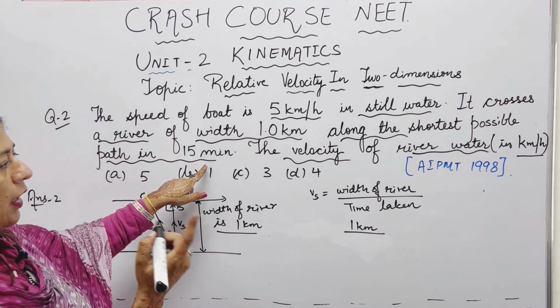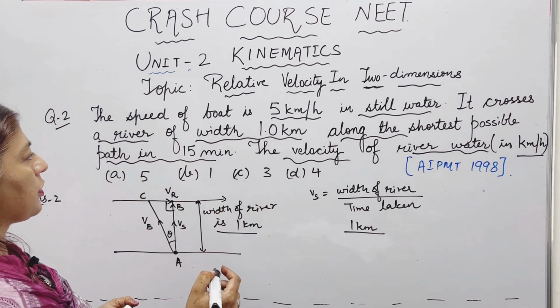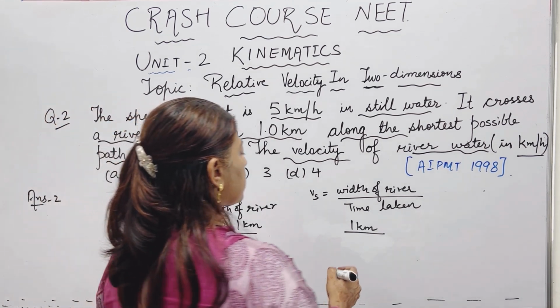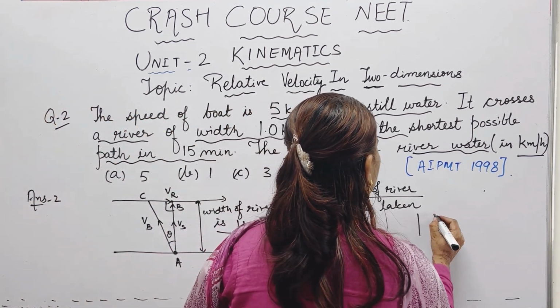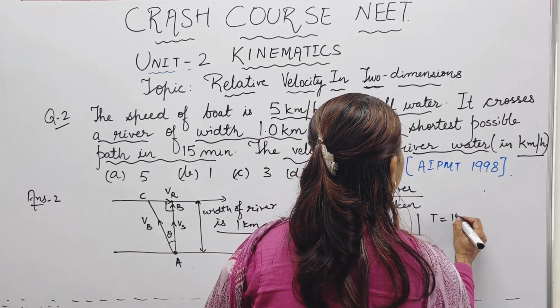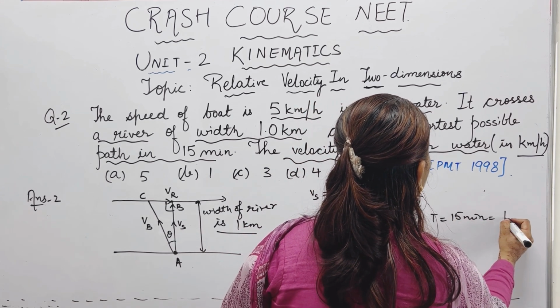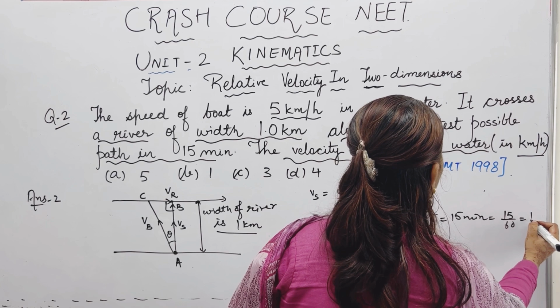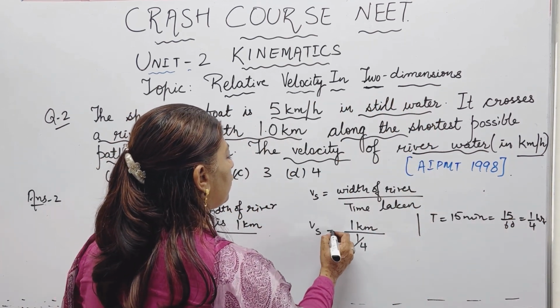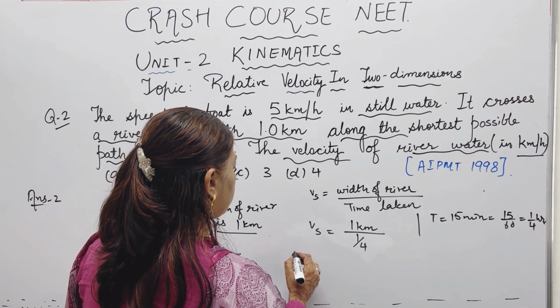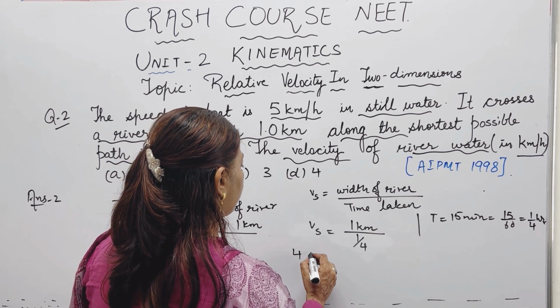We have to convert in hour to get it in kilometer per hour. So 15 minutes is equal to 1 by 4 hour. Time 15 minutes, 15 by 60 is equal to 1 by 4. So it is equal to Vs, or 4.